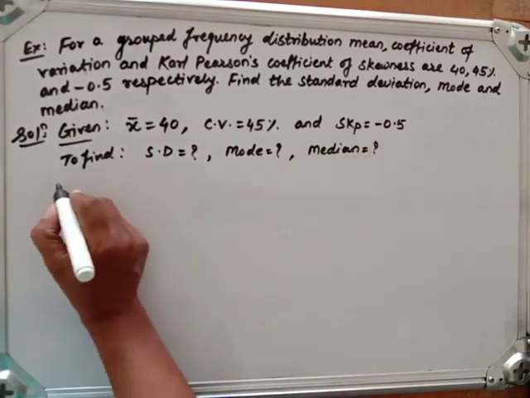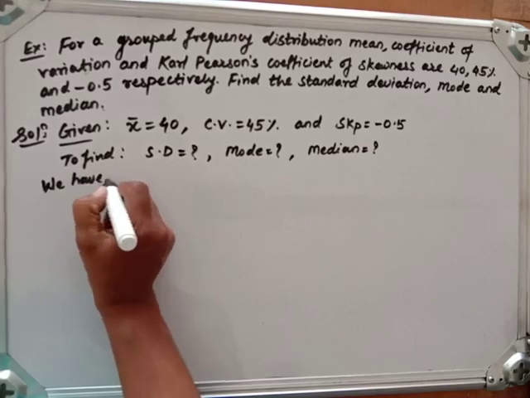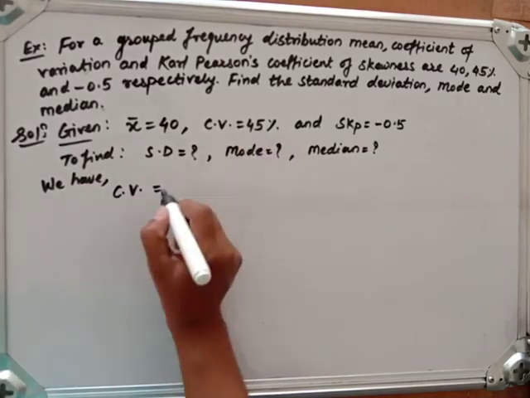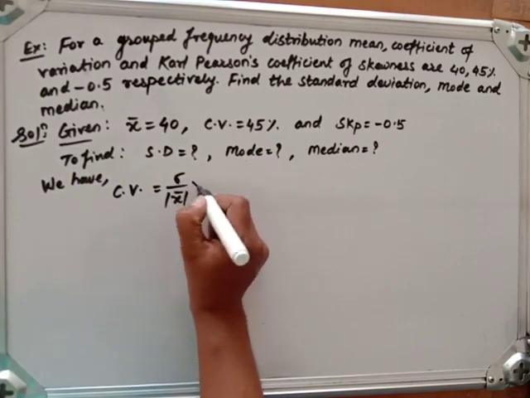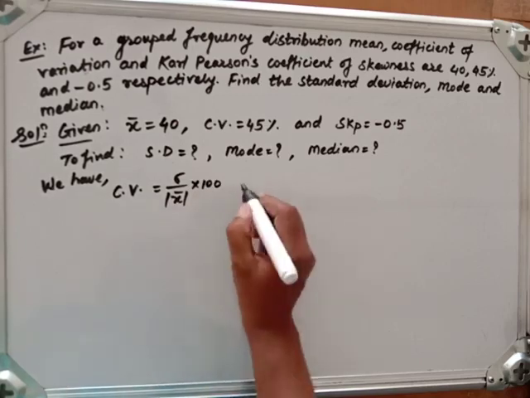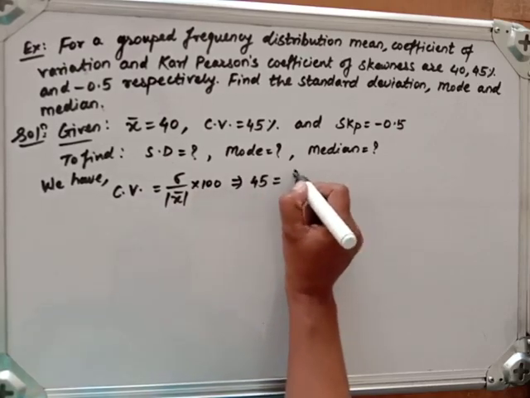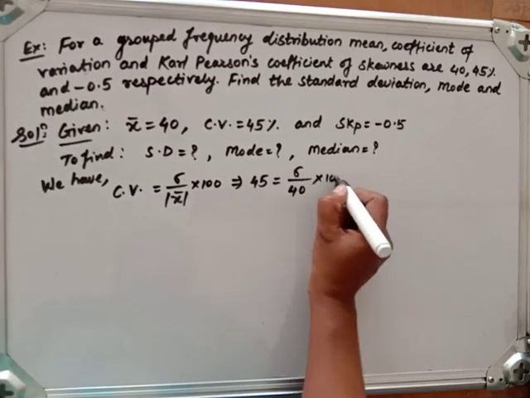Now we have CV with us, that is 45%. We know the result is sigma upon mod of mean into 100. So CV is 45%, that is sigma upon 40 into 100.